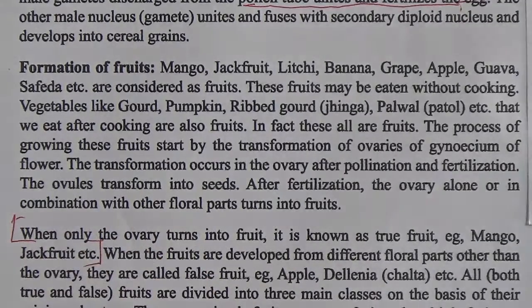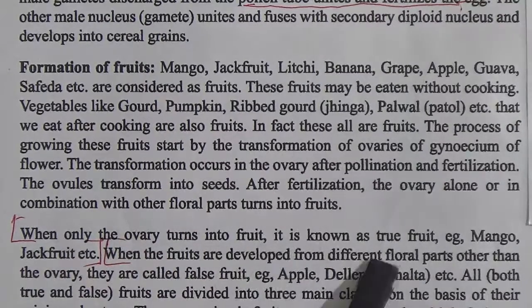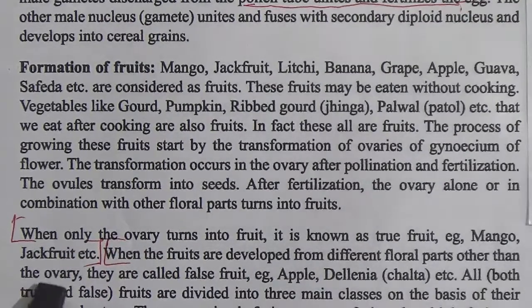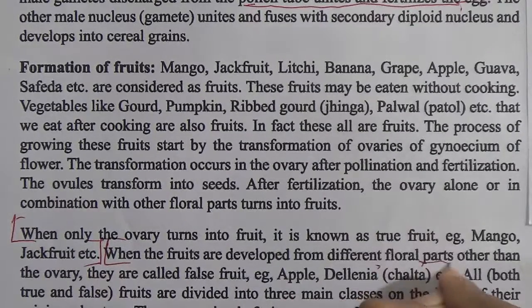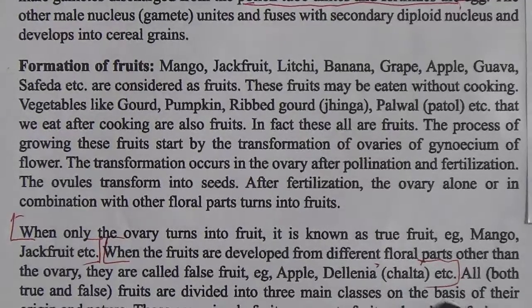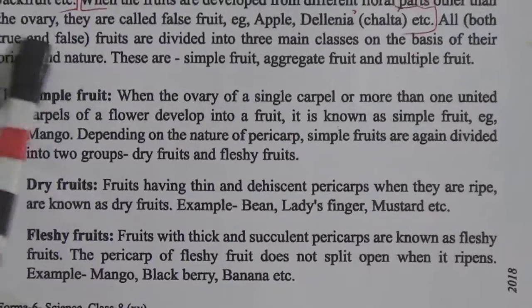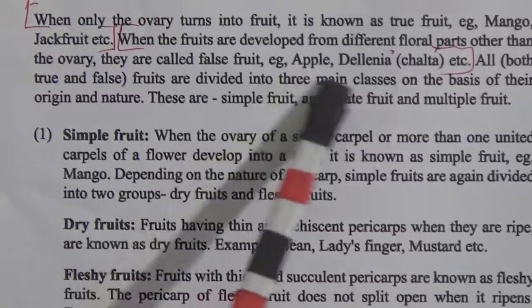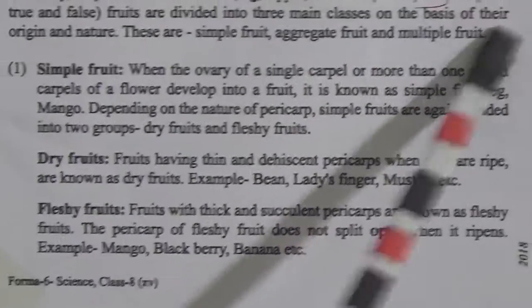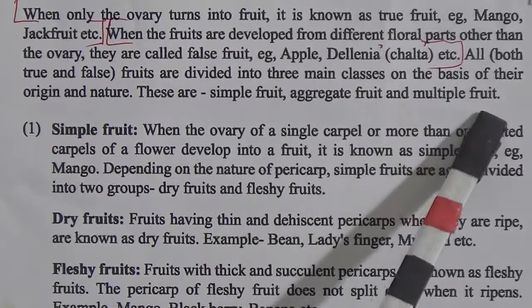And when fruits develop from floral parts other than the ovary, they are known as false fruits, like apple and dillenia, that means chalta. All true and false fruits are divided into three main classes according to their origin and nature: simple fruit, aggregate fruit and multiple fruit.